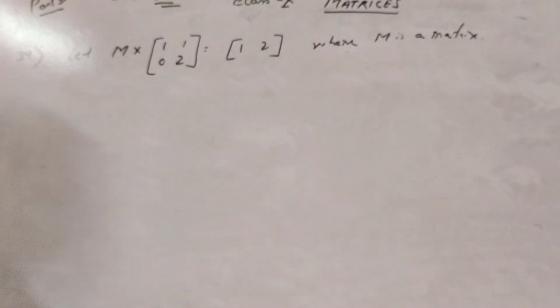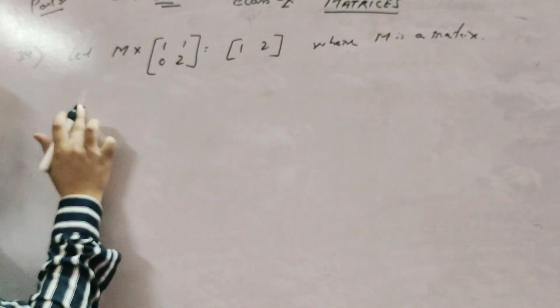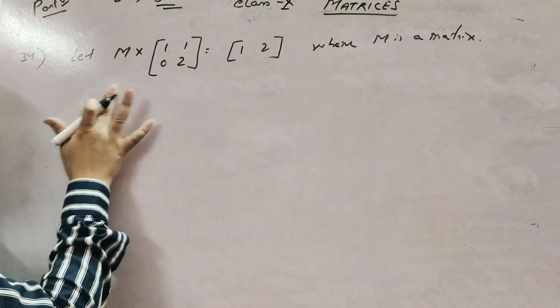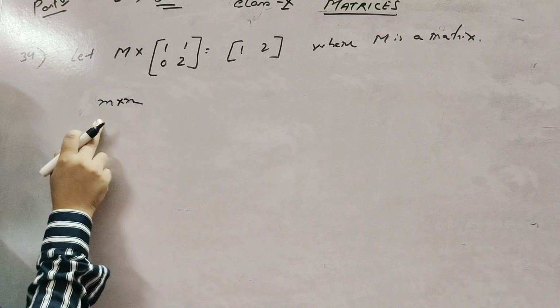Okay. Before we start that, we know the rule, the formula, that m into n. Suppose this is your matrix M. This is given. So we know that a matrix contains m into n, row into column.